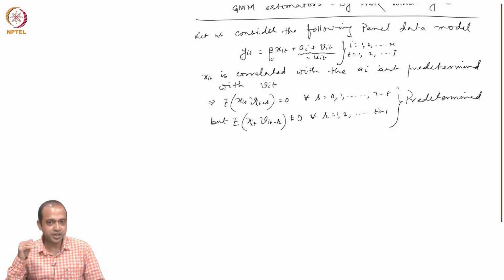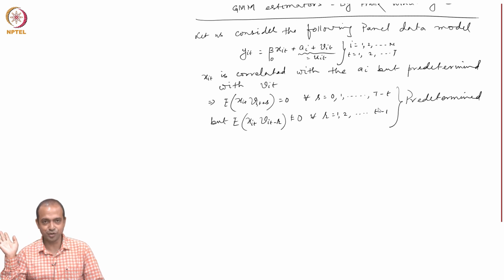A variable which is strictly exogenous does not depend on the error in past, present and future. When it is predetermined, it is not related with the present, but it is related with the past.